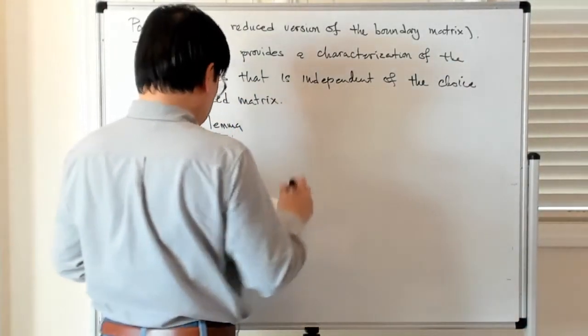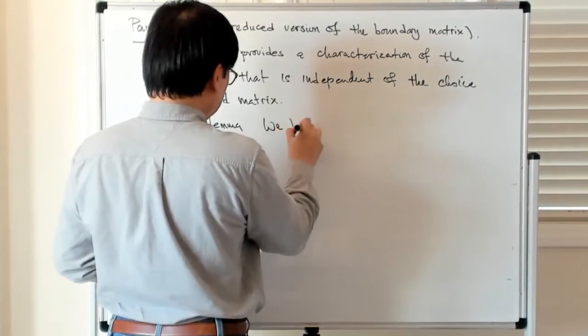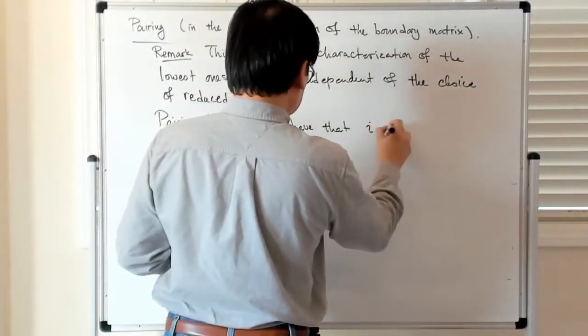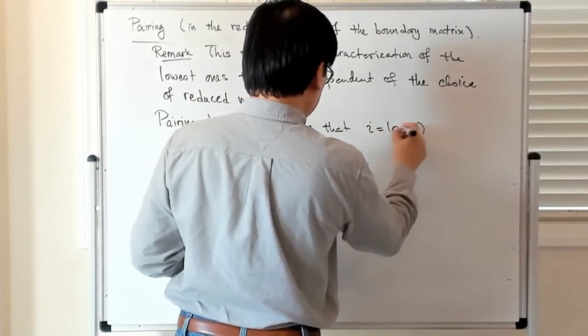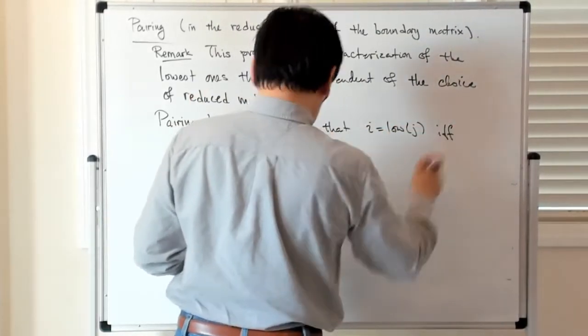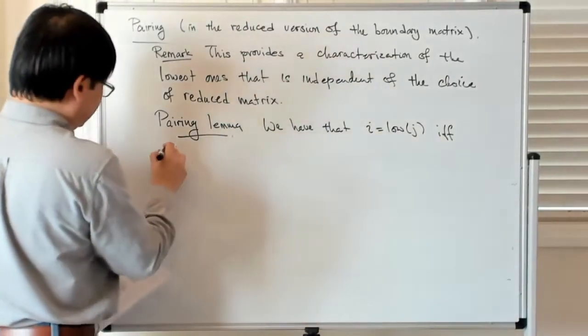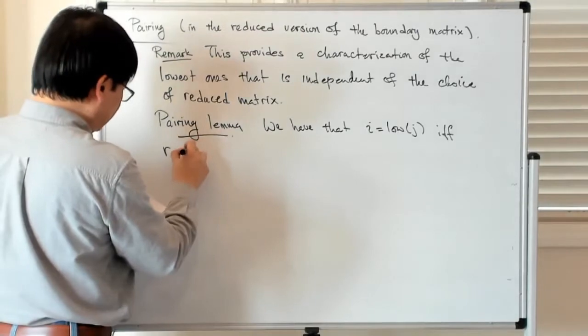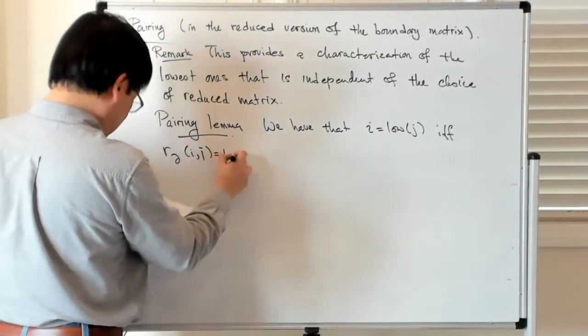Okay, so we have that I is equal to low j if and only if the reduced boundary Rij is equal to 1.